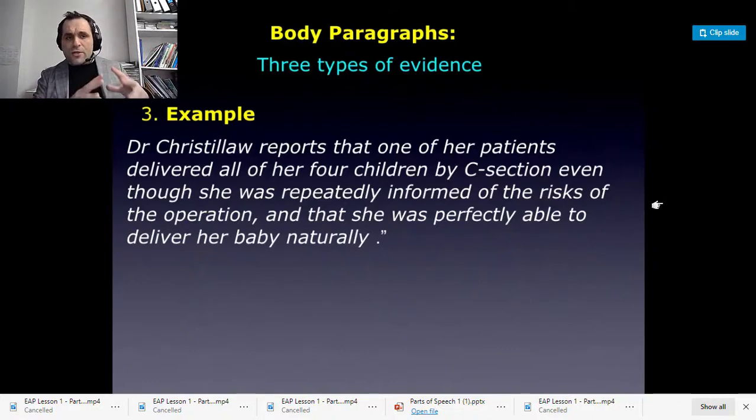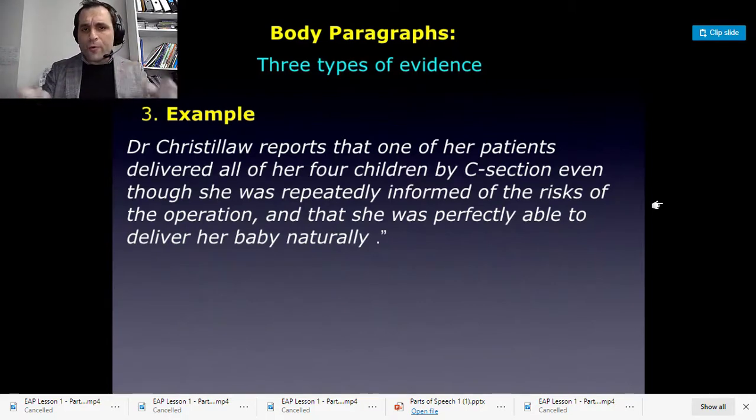So now I'm giving you an example of what my argument is. That's just an example. And examples are good because they are from real life situations, right? So we are talking about a patient that has actually been through the process. Okay? All right. Let's move on.